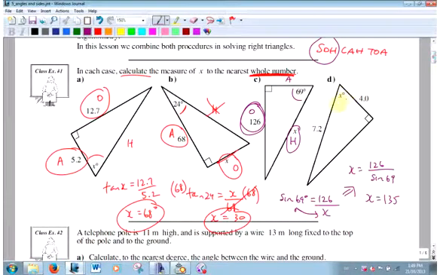Okay? X. How do I find that? Label your triangle. Let me use a different color. That's the hypotenuse. This is the opposite. Doesn't look like I care about that. That's the adjacent. Which formula has A and H? Cosine. So the cosine of X equals A over H. When I'm trying to find the angle, what button am I pushing, Bailey?